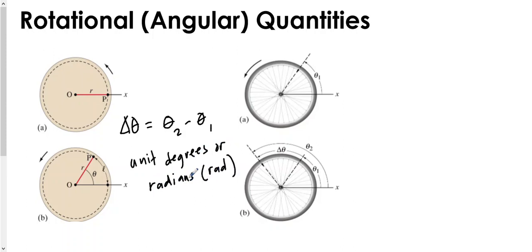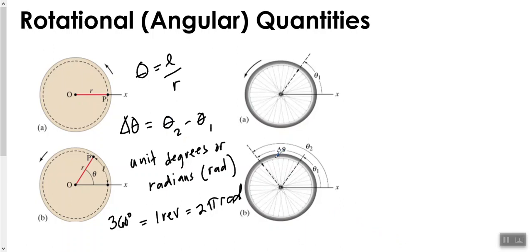Reviewing your math geometry, 360 degrees is 1 revolution, which is equal to 2 pi. To find the angle, theta is the ratio of the arc length over the radius.